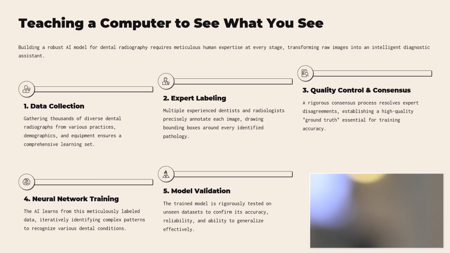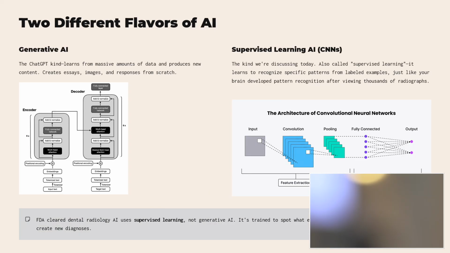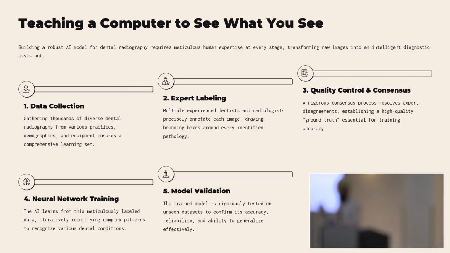All right, so let me go back up actually. What this actually is is something called supervised learning. And effectively it means that you get a bunch of radiographs. Pretend I'm Pearl or whatever dental AI training company. I go and try to get a diverse set of radiographs from a bunch of different places.